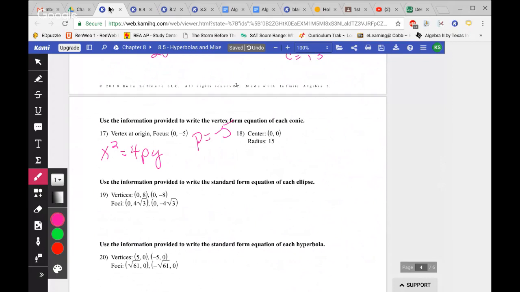So if p equals -5, then 4 times -5 gives -5y... x squared equals 4 times -5y. So that means x squared equals -20y.